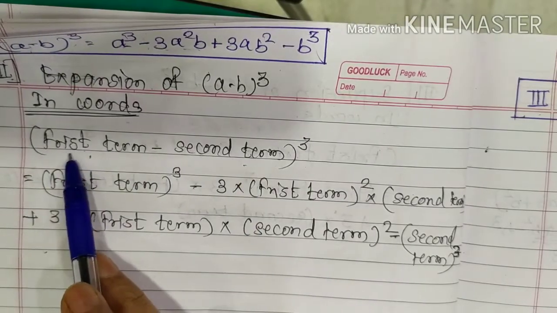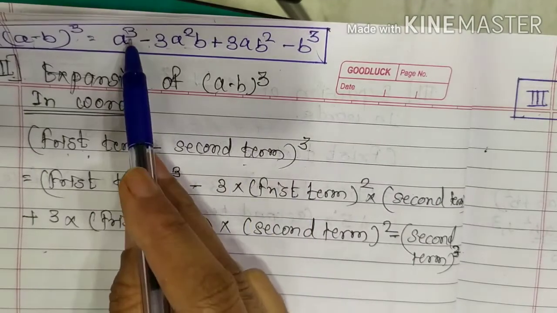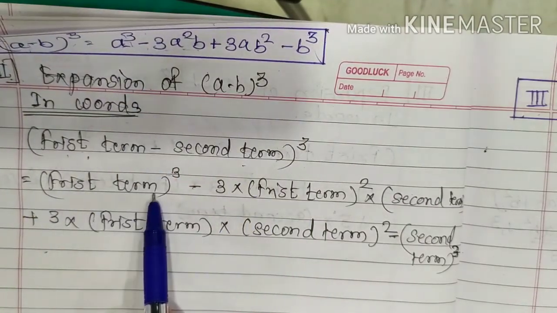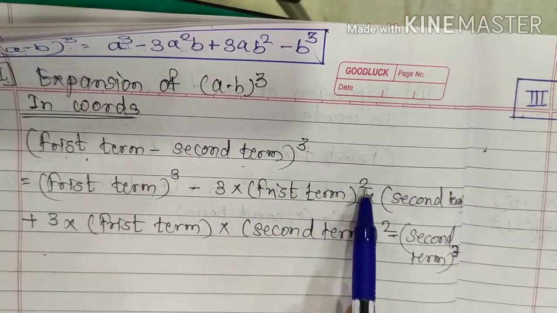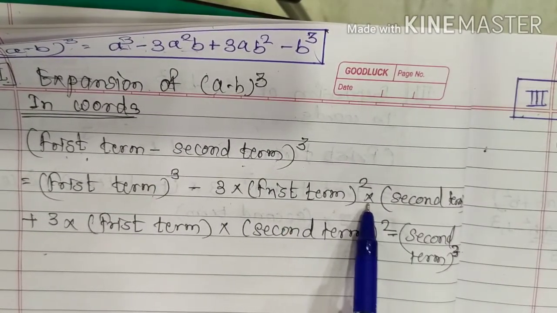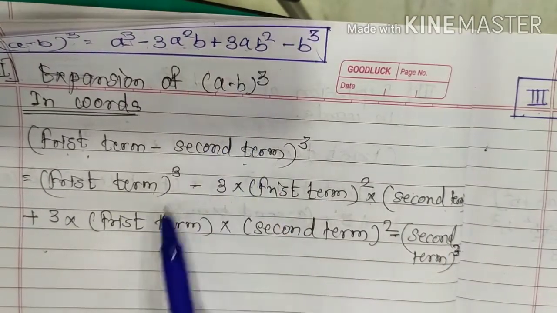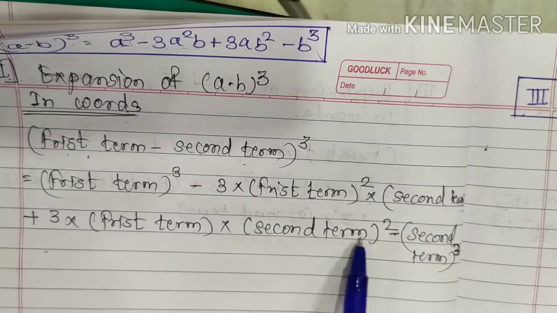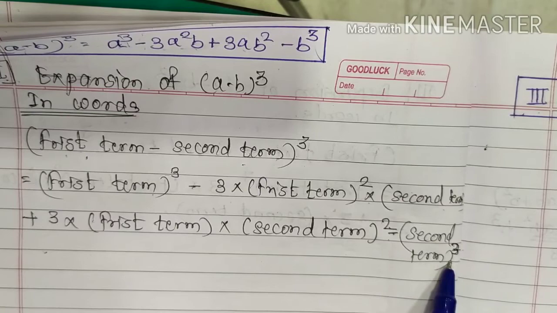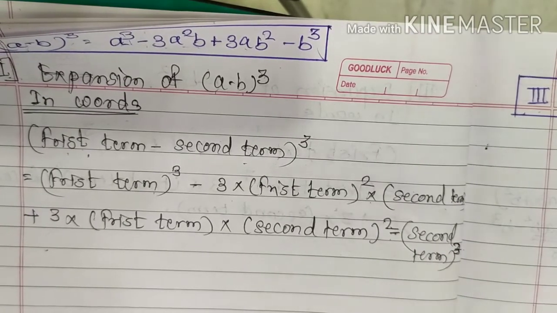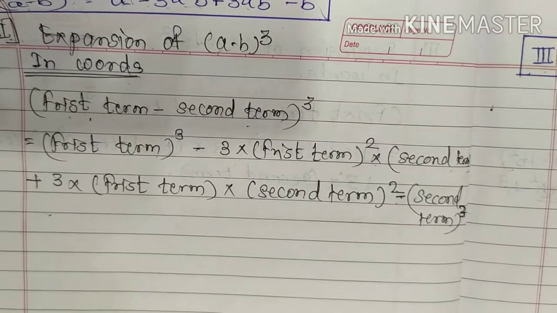Hence (first term minus second term) cube is equal to the first term cube, minus 3 into first term square into second term, plus 3 into first term into second term square, minus second term cube. So we can solve the examples in the practice set.